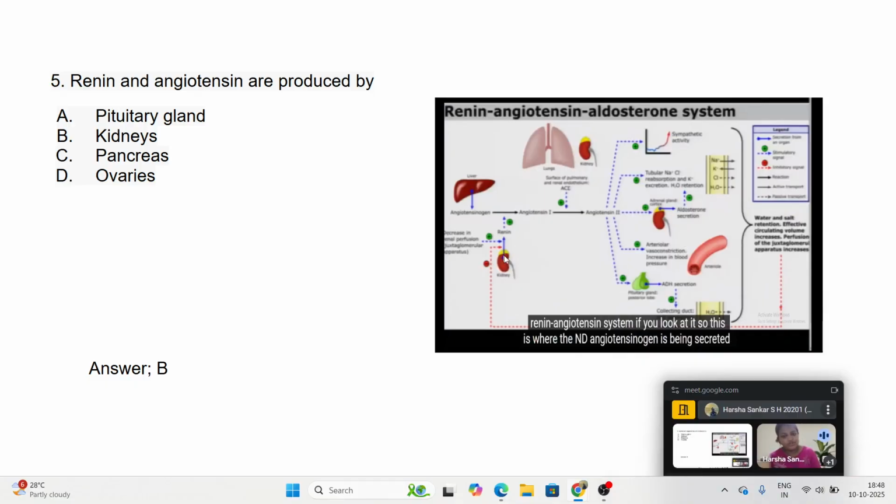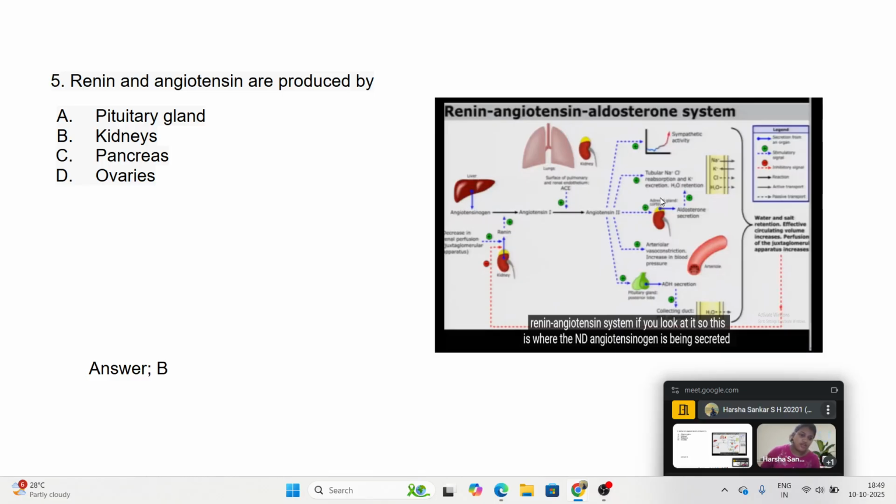So the kidney produces renin. Whenever there is a decrease in perfusion, the JGA, or renin-secreting cells, release renin, which converts angiotensinogen to angiotensin 1, which is acted upon by ACE to convert angiotensin 1 to angiotensin 2. That will release aldosterone, which ensures tubular sodium chloride absorption and potassium excretion from the kidney, along with arteriolar vasoconstriction.